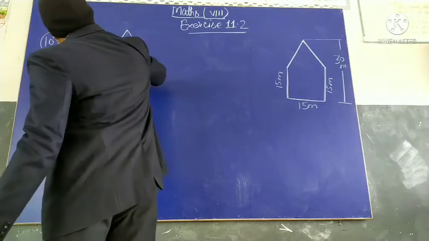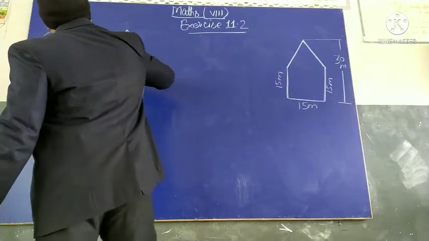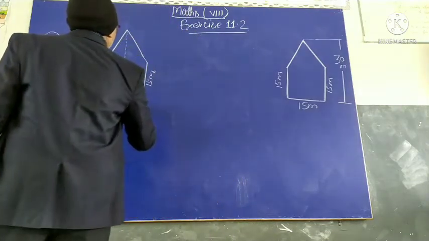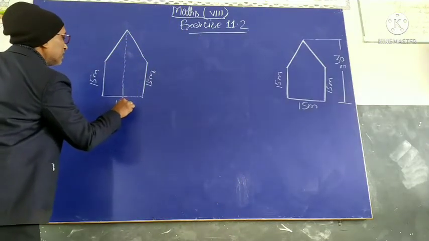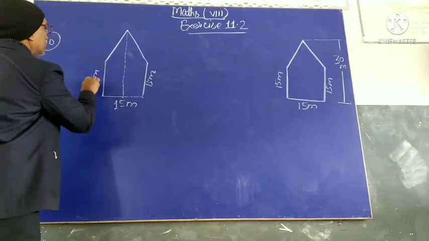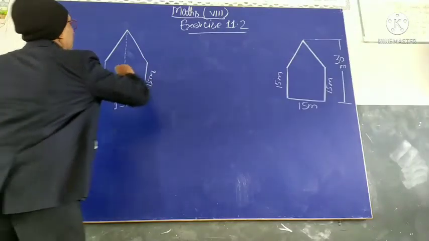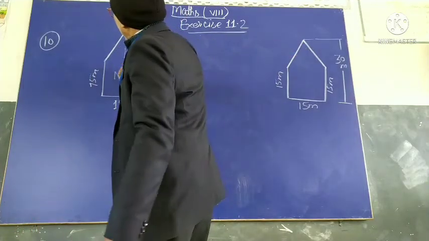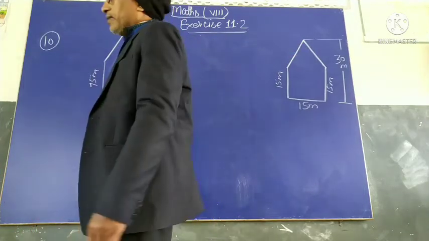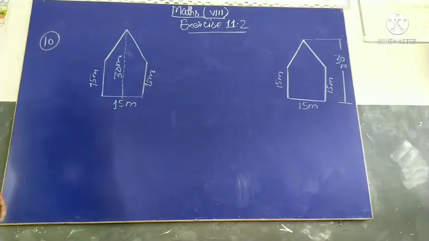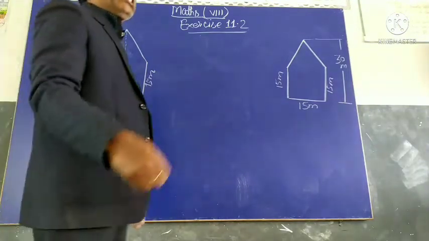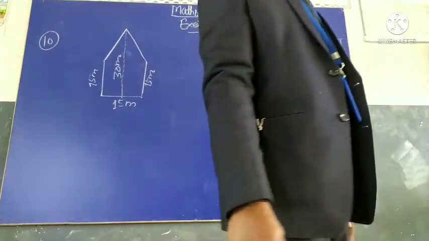This is 15 meter and this is also 15 meter and this is 15 meter and the total height is given here 30 meter. You find out the area of the pentagonal shaped park by using Jyoti's way.